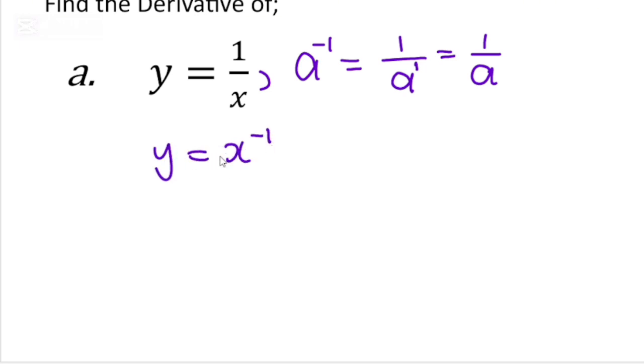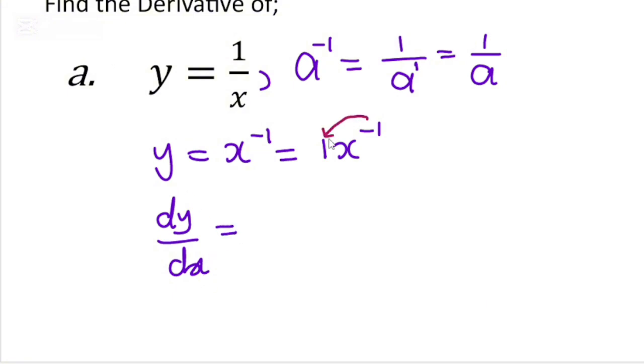Here x has a coefficient of 1, so this is the same as 1x to the power negative 1. I've written the coefficient 1 like this so that it's easier for us to differentiate. So we are going to say dy over dx, meaning we are differentiating the function y with respect to x, is equal to this power multiplied by the coefficient of x.